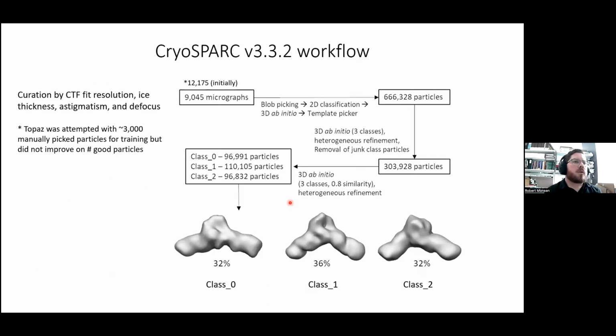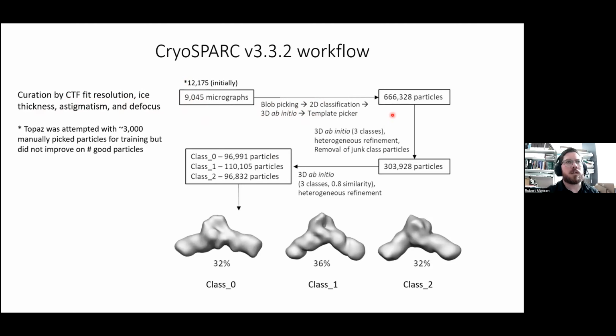So this is the full cryoSPARC workflow that I used, and I'm more than happy to stop here or come back to this if there are any questions. We started with 12,000 micrographs, which were curated down to 9,045 by CTF fit resolution, ice thickness, astigmatism, and defocus. I did blob picking, 2D classification, 3D ab initio, and then used the best reconstruction to do template picking.